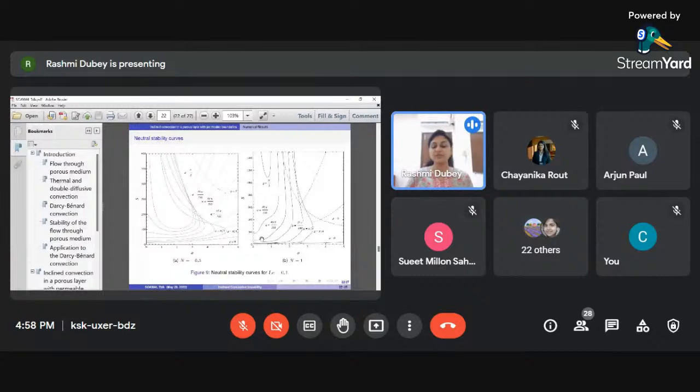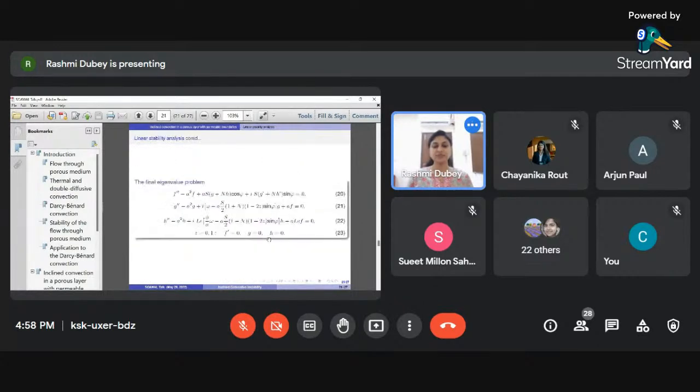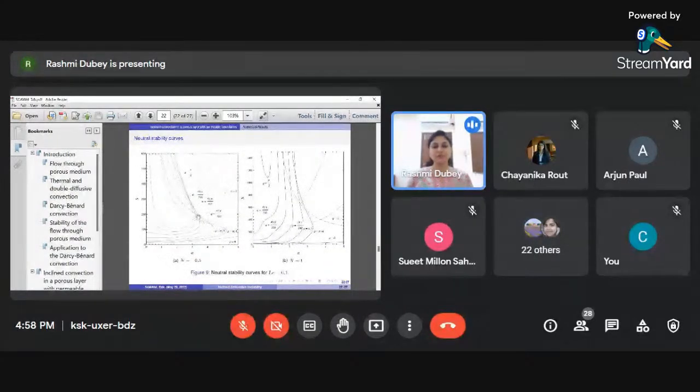Neutral stability curves are the ones which I showed while explaining the linear and the non-linear stability. This boundary represents the marginal stability state. So that's what we are getting here for the present problem.